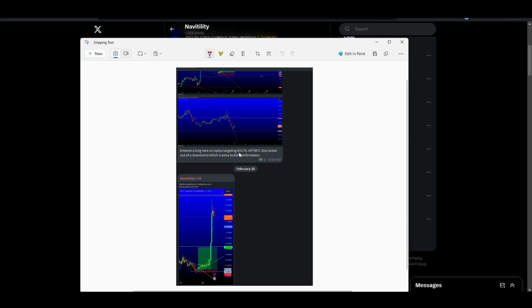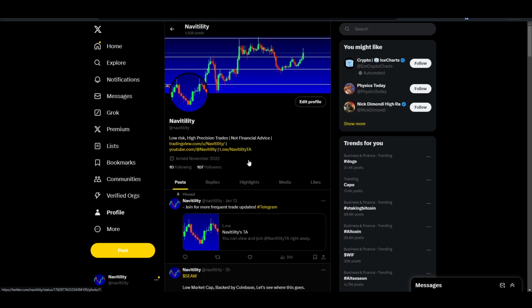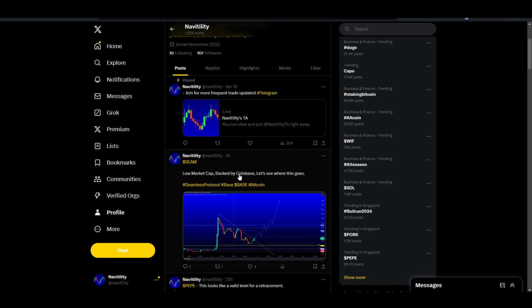Entered along here in Aptos, targeting 10.70. Also broke out of downtrend, which is extra bullish confirmation on the BTC chart. And then boom, look at that. Price just went crazy. So yeah, I do post some pretty nice updates on my Twitter, on my Telegram.